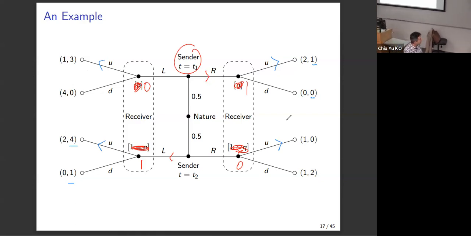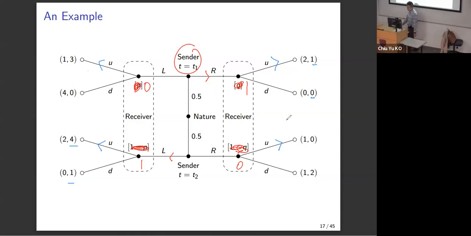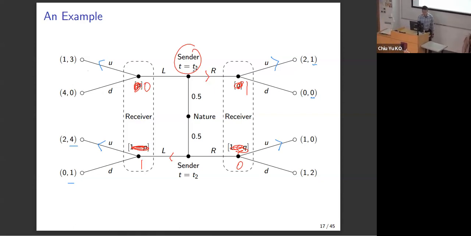Sender 1, if he keeps choosing R, in equilibrium, he gets 2 here. If he deviates, chooses L, he will get 1. So this is fine, right? If he deviates, U will be chosen. He pretends to be the lower guy. If he doesn't, that's cool. 2 is better than 1, right? And look at sender 2. In the equilibrium, he will get 2.